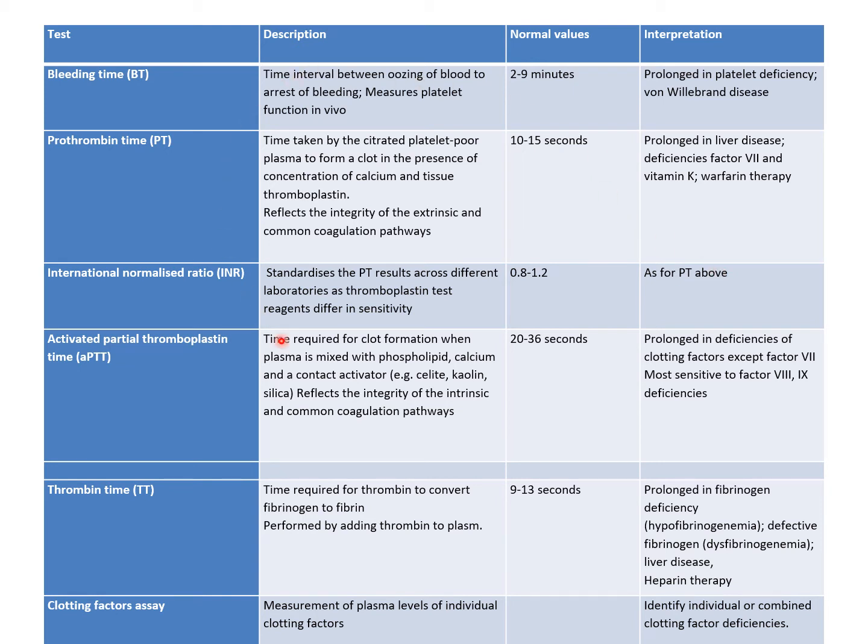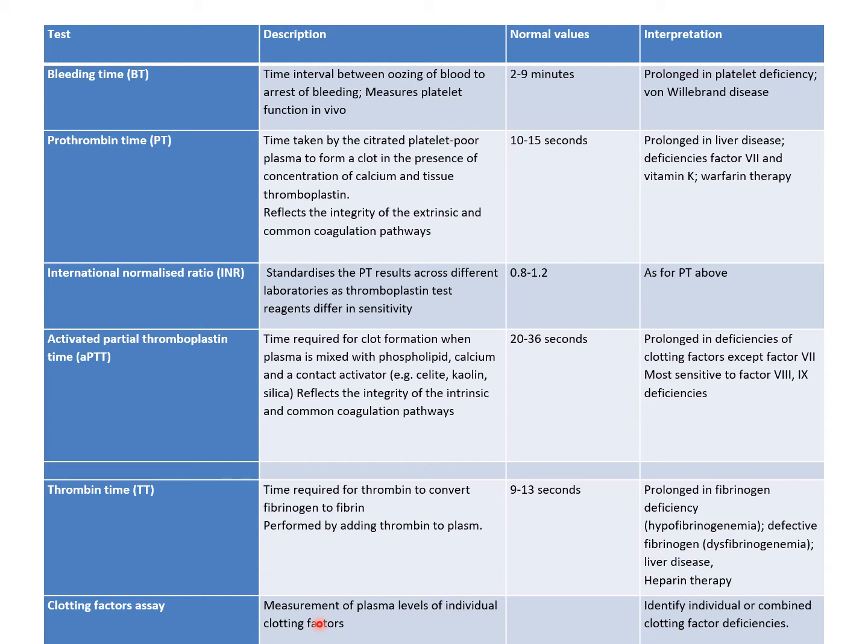So you can read about these tests and then also remember that estimation of the blood levels of various coagulation factors may be required in disorders related to specific coagulation factor deficiencies. For example, factor 8 deficiency in hemophilia would be indicated by low plasma levels of factor 8.